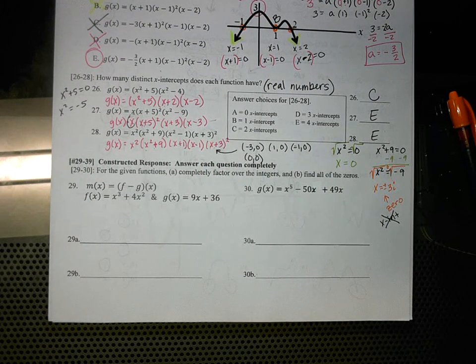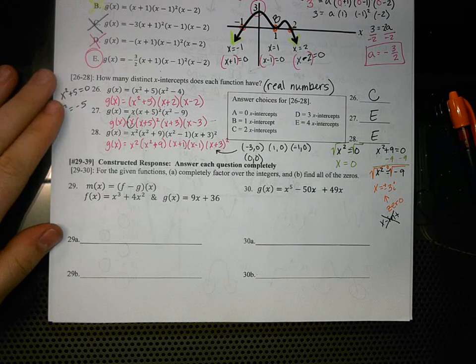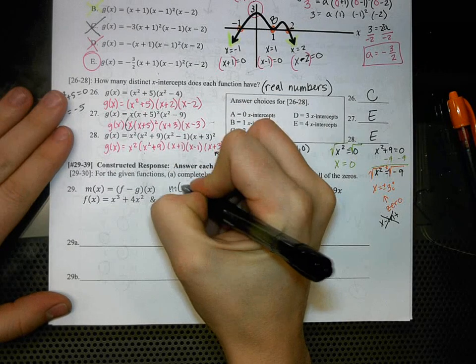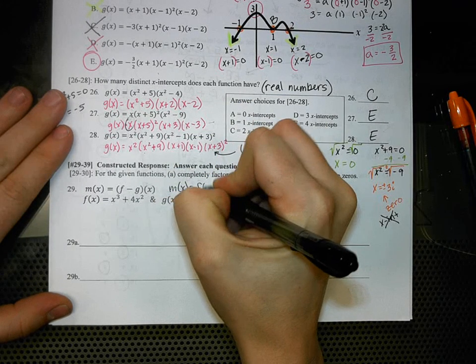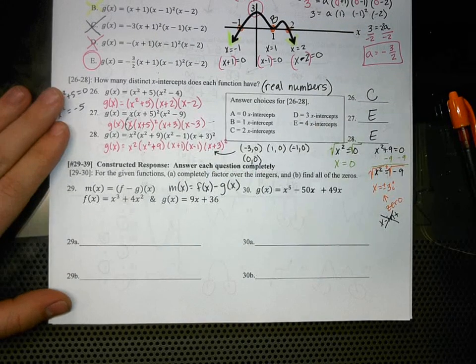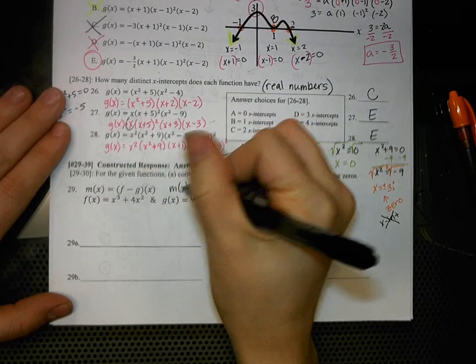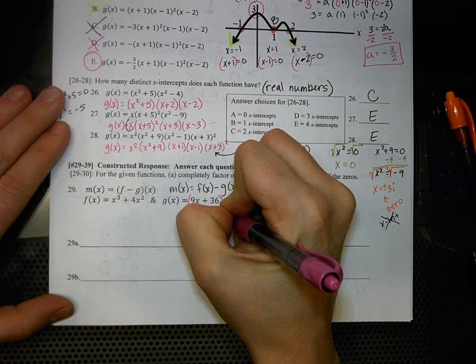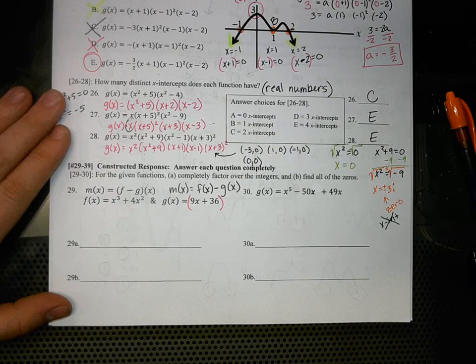All right, number 29. F minus g of x is the same as writing m of x equals f of x minus g of x. So we're going to take f of x and subtract g of x. When you do that, don't forget to put your second polynomial in parentheses.